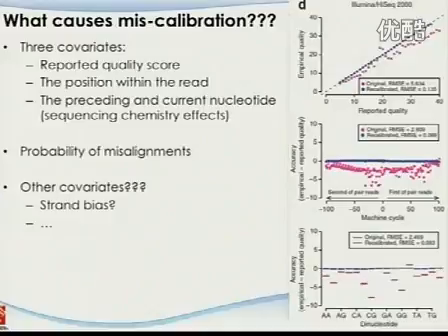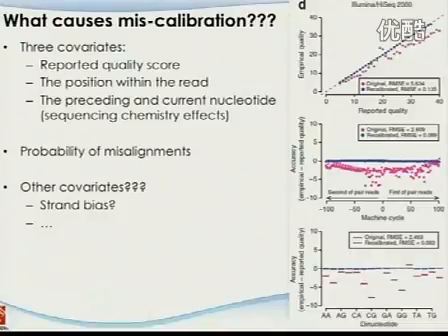If this is 1, that means the beginning of the reads. 50, that means the end of the reads. And the preceding and the current nucleotides, so this is dinucleotides, if this is AA, AC, or GCG, or things like that. And there's a probability of misalignment, and we can do the calculation.